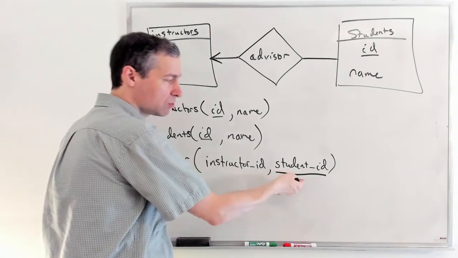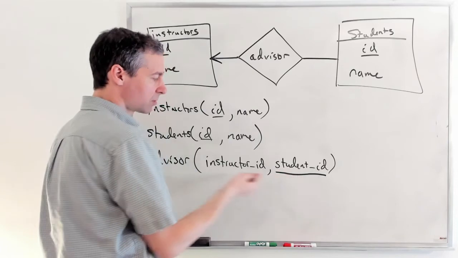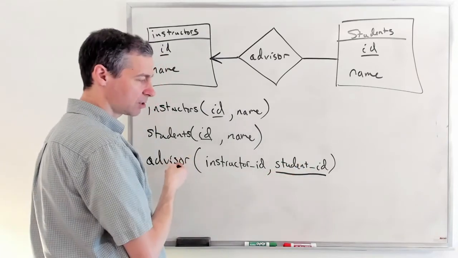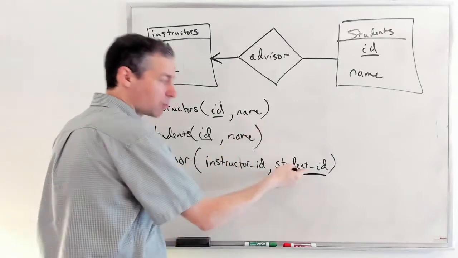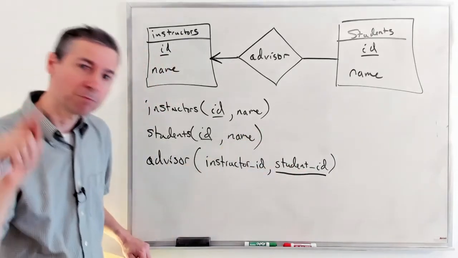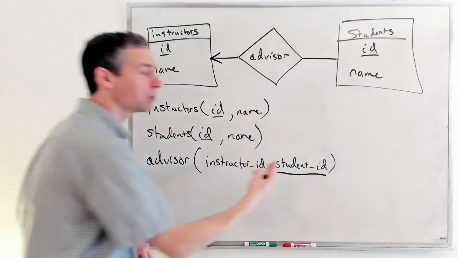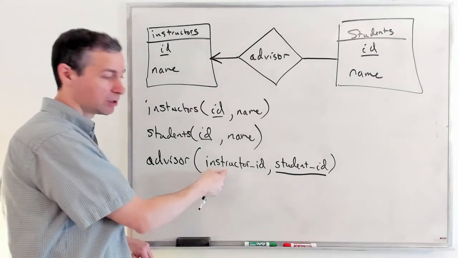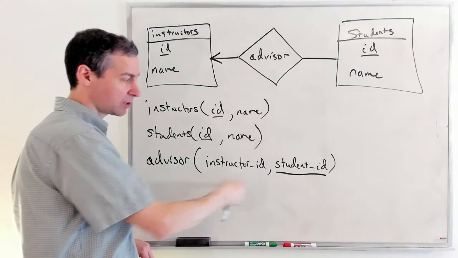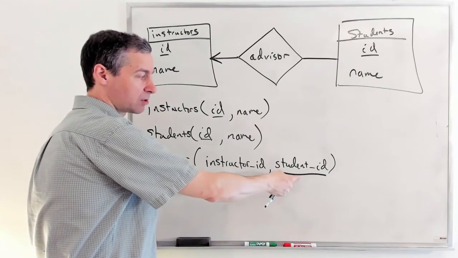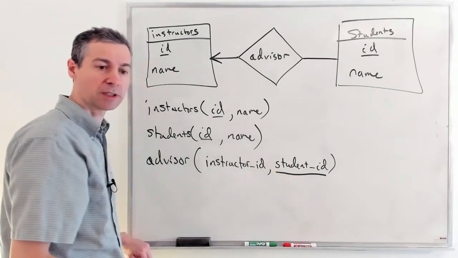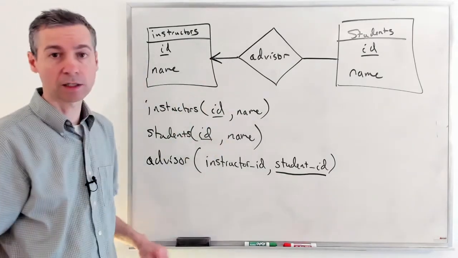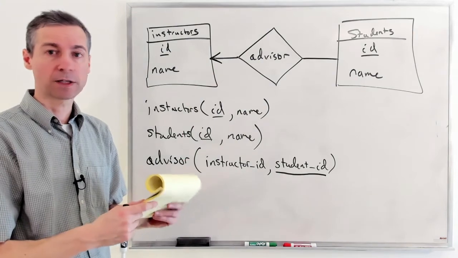But each student has at most one instructor. So if we have a student in the advisor relationship table, it will be a unique row. And by making it a primary key, we will enforce this notion, okay? By not including this here, this says very clearly, we'll have one student ID, but we could have lots of instructor IDs. And this table then will be set up as we expected in our ERD diagram.